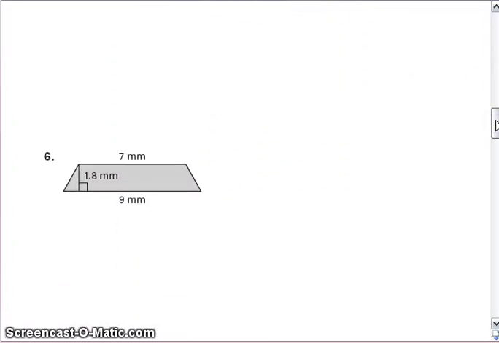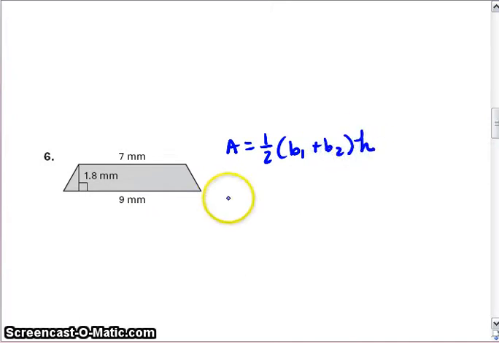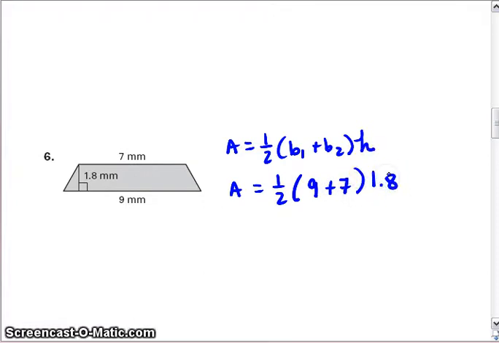Alright, here's another one. Again, we're going to use the formula area equals 1/2 of base 1 plus base 2 times the height. So area equals 1/2 times base 1, which is 9, plus base 2, which is 7, times the height, which is 1.8.